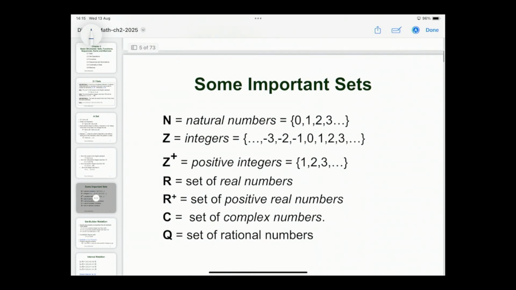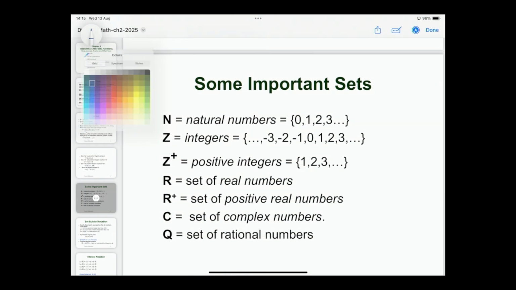Let's see some symbols here that would be used in this course. The capital N stands for natural numbers, or integers that could be 0 as well, just like when we count objects, 0, 1, 2, 3, and so on. The capital Z is about integers.